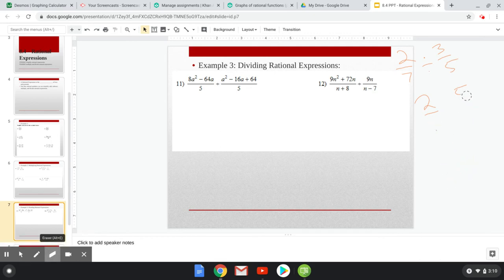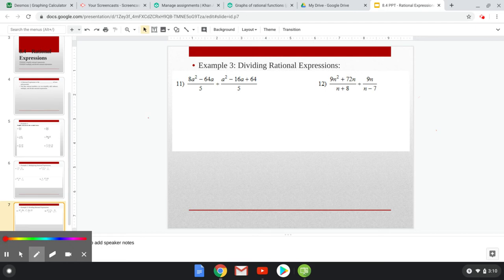Just like we did with multiplication, we are going to want to factor because we want, again, to be able to cancel. So whether you flip and then factor or do them in the same step, that's up to you. I'm going to flip and then factor just to try not to confuse the issue.